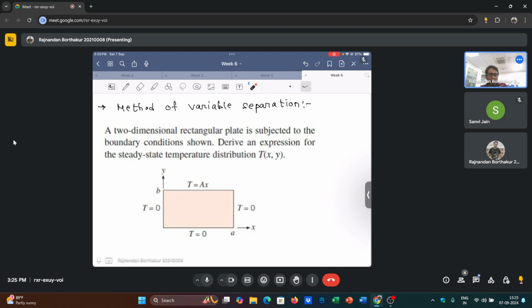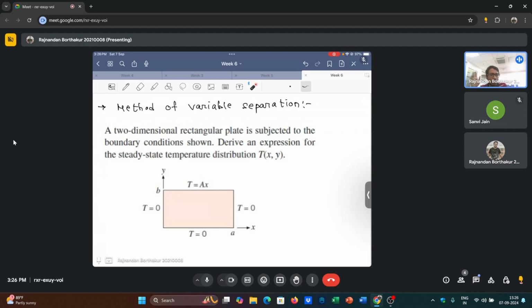If, instead of prescribing the temperature here, I prescribe del T by del x on this face, or in other words, the derivative of the temperature as some value, can you tell me what this kind of boundary condition is called?